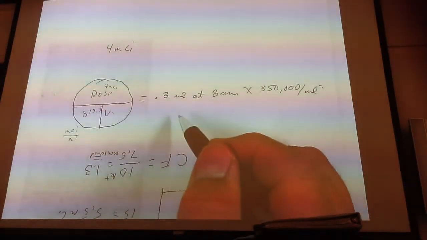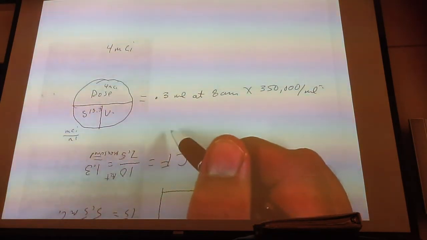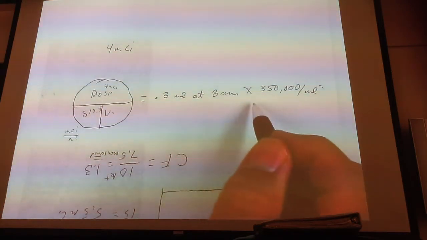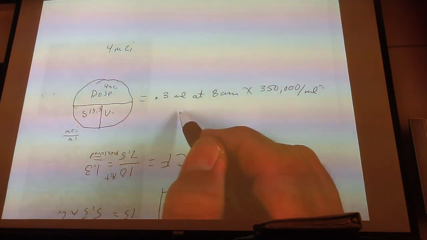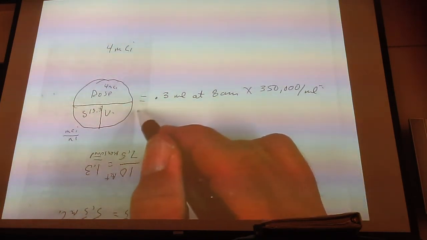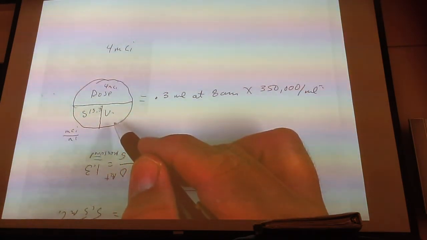Now we're just going to have to see how many ml it's going to take at each one of those times to get the same activity. So the next choice we have, at 9 a.m., we've decayed down by a factor of 0.891, right?